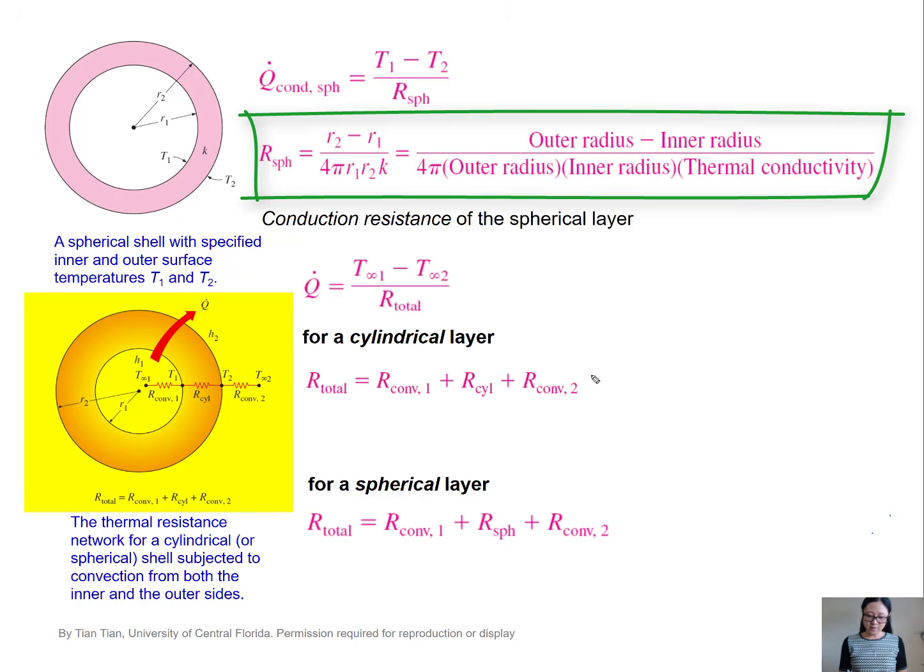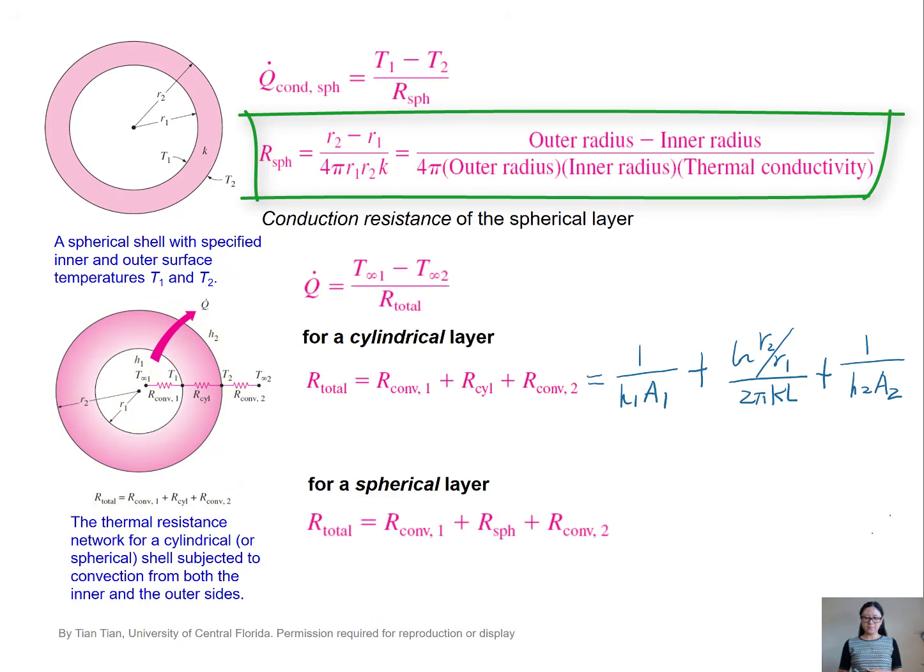The first convection resistance is 1 over h1 A1. The conduction resistance is log r2 over r1 divided by 2 pi k L. The second convection resistance is 1 over h2 A2.